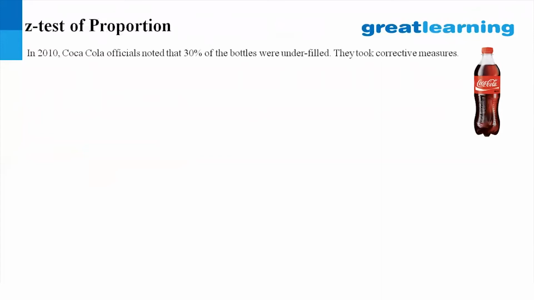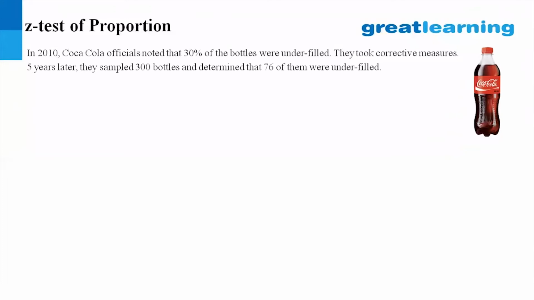Like for example, you have the mean of 600, which you say is a nicely filled bottle, but say in a particular year the Coca-Cola officials noted that 30% of these bottles were underfilled, meaning they had a volume lesser than 600 ml, and they took some corrective measures.